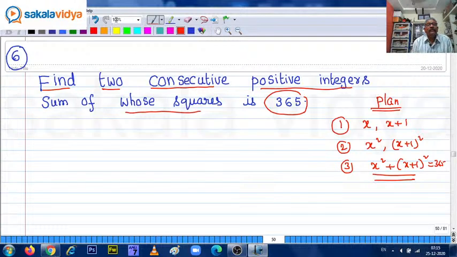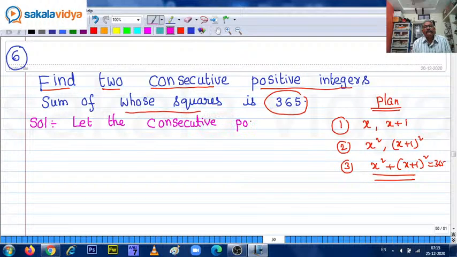Okay. Now the solution. Let the consecutive positive integers be x and x plus 1.